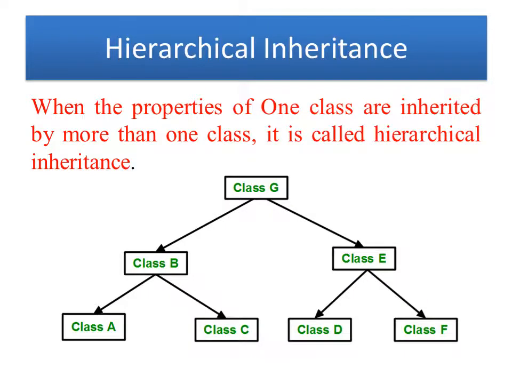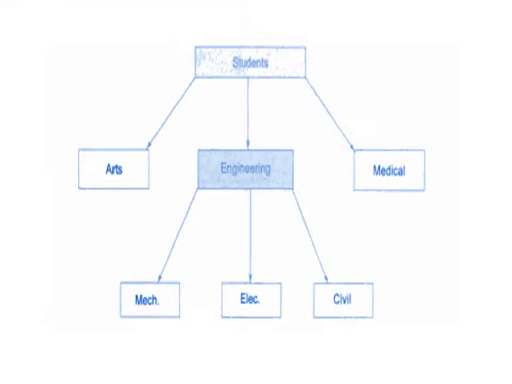Next we shall pass on to hierarchical inheritance. When the properties of one class are inherited by more than one class, it is called hierarchical inheritance. Where do we use this? If there are common properties between the classes, in those cases we'll go for this hierarchical way of implementing. One example is a student.